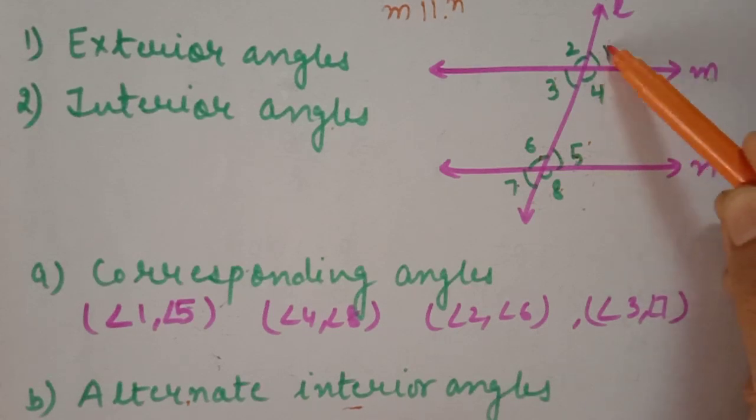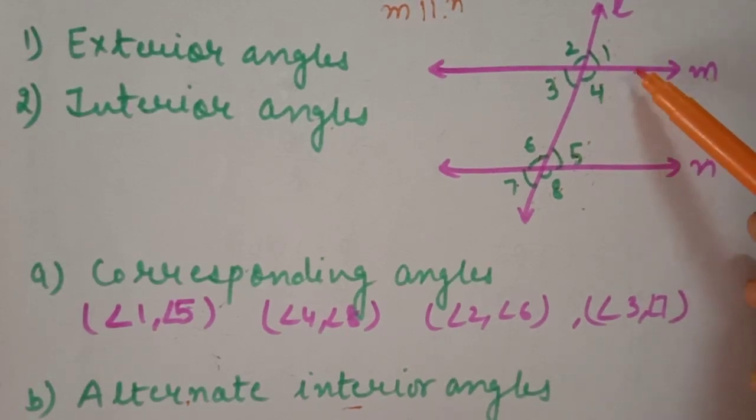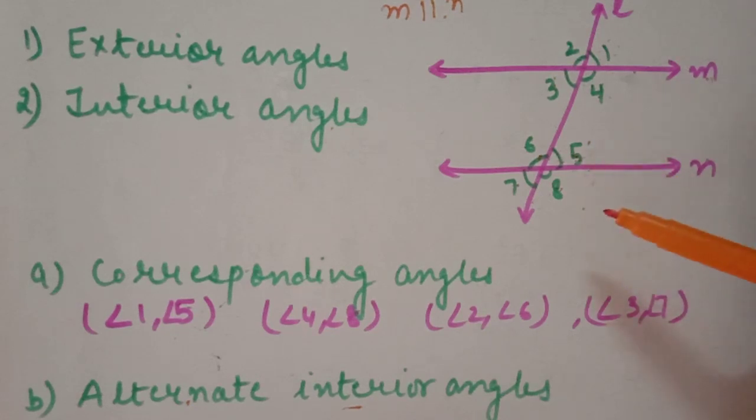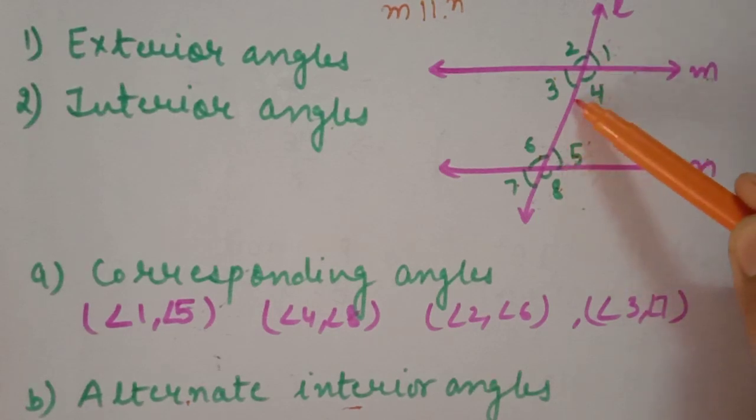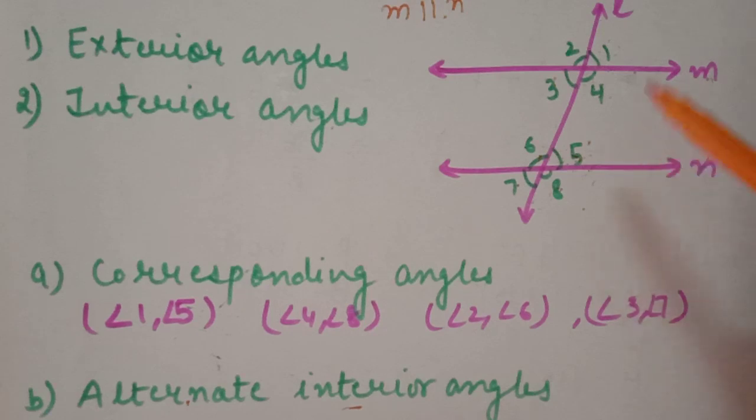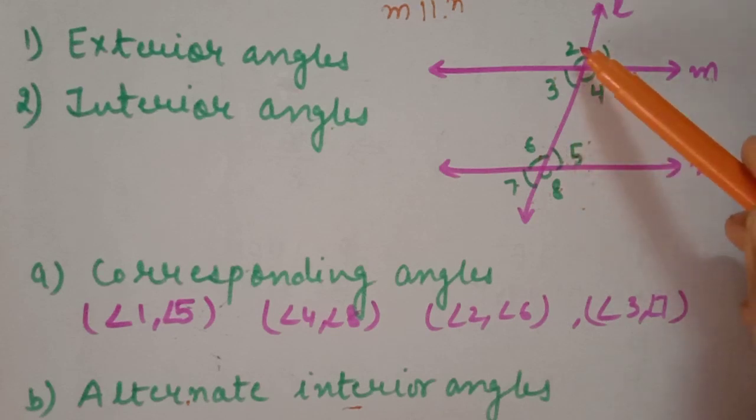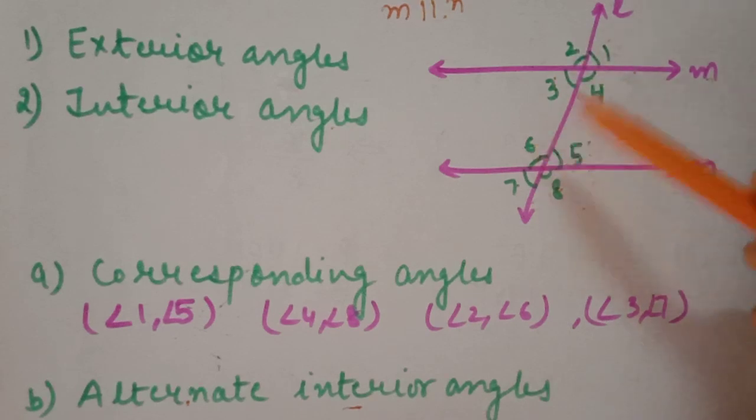Angle 1 is on the upper part of its line and angle 5 is on the upper part of its line, and both lie on the right side of the transversal line. Other pairs of corresponding angles are angle 2 and angle 6, angle 3 and angle 7, angle 4 and angle 8.